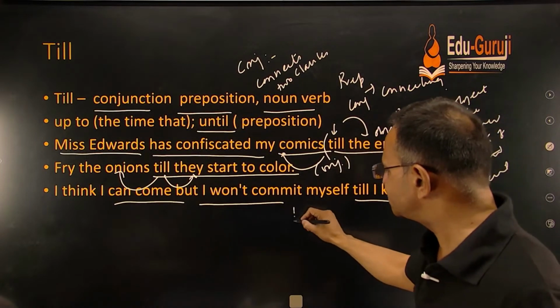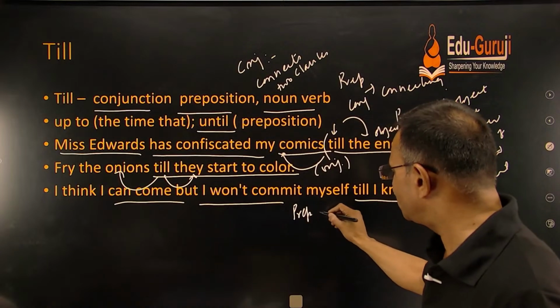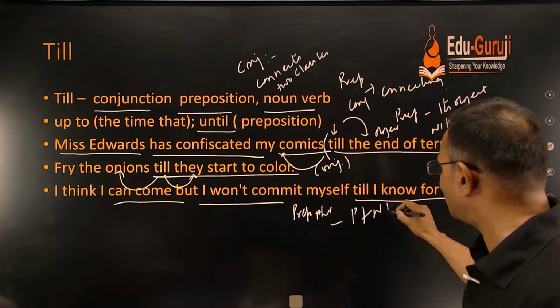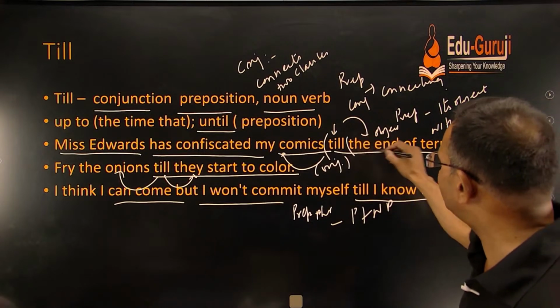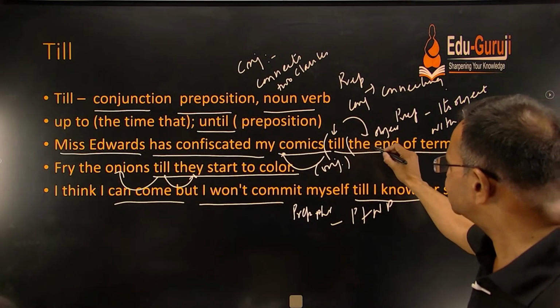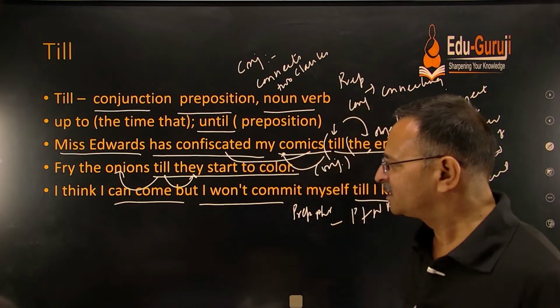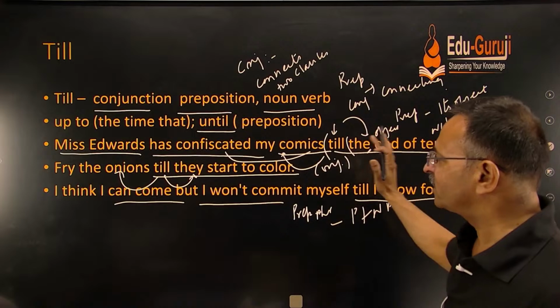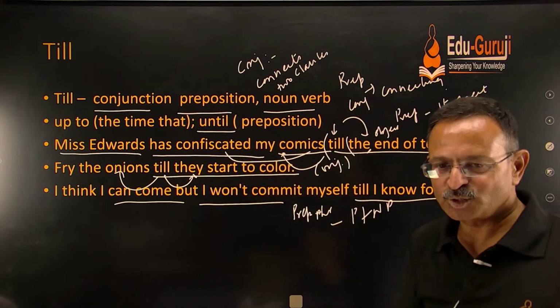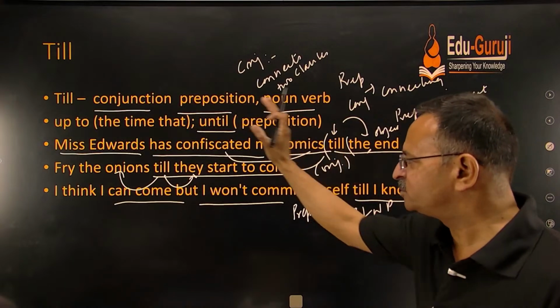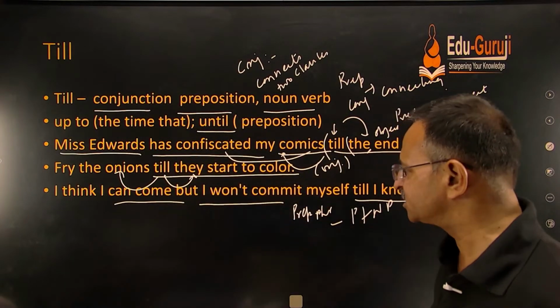In any preposition phrase, there would be a preposition plus a noun phrase. This particular preposition is connecting this part to this part, right? So therefore it is a preposition. Essentially, what does a preposition do? It connects its object with the other parts of the sentence.